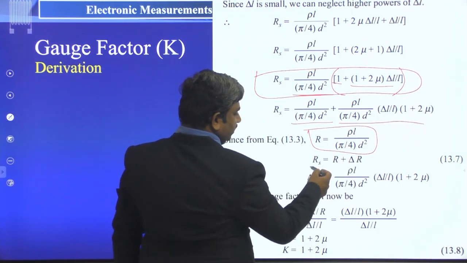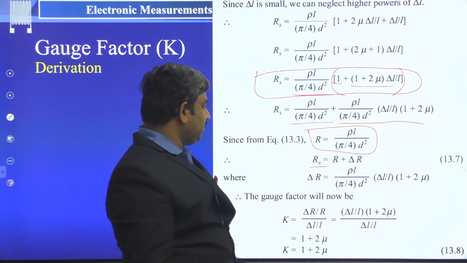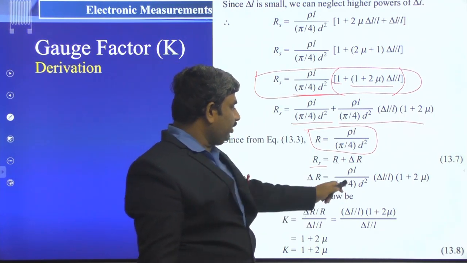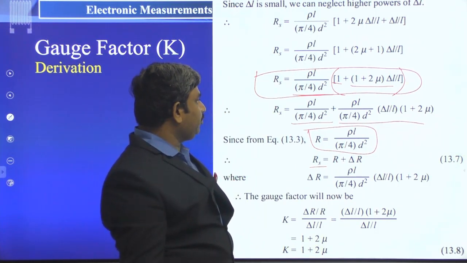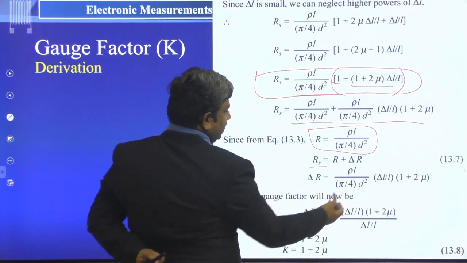This Rs is what we are representing as R plus delta R. Now here, del R I am writing as rho L by pi by 4 d square into del L by L into 1 plus 2 mu. So this is the expression I got. How have I represented this expression?